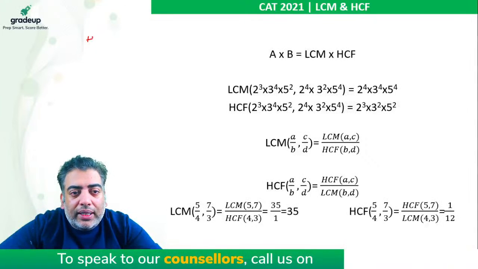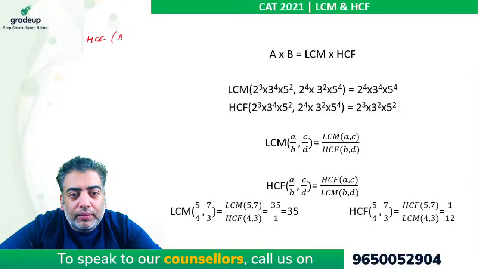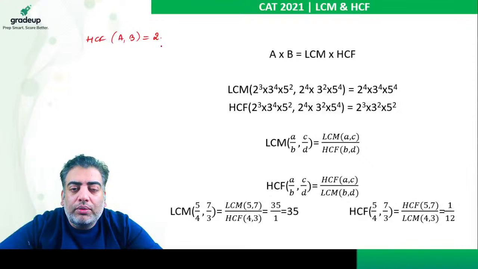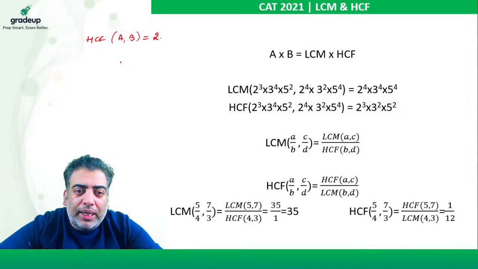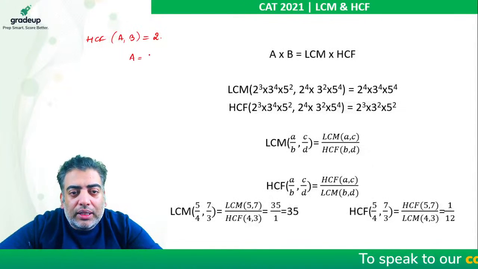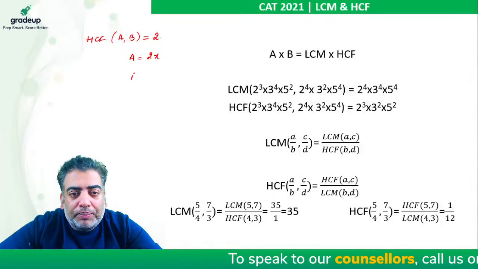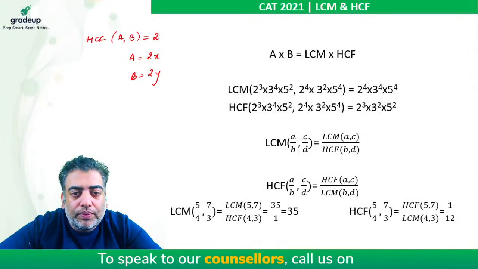Now, in any case, if I say HCF of A and B is 2, we need to understand that it means A is a multiple of 2 as well as B is a multiple of 2.